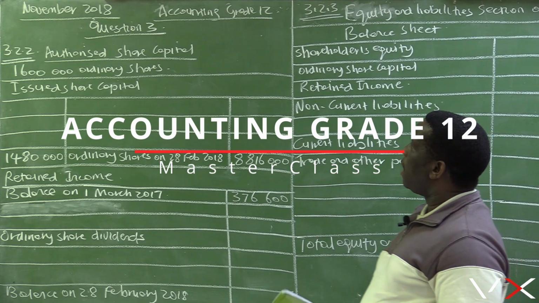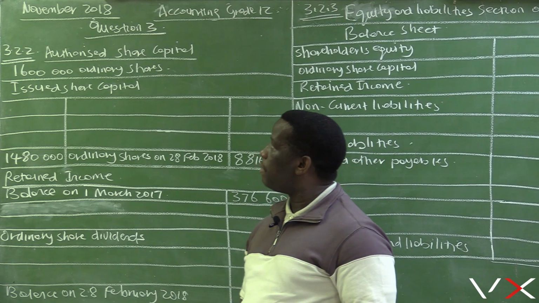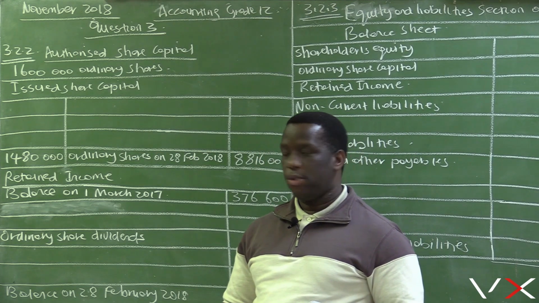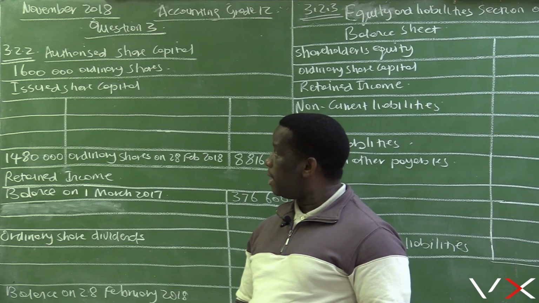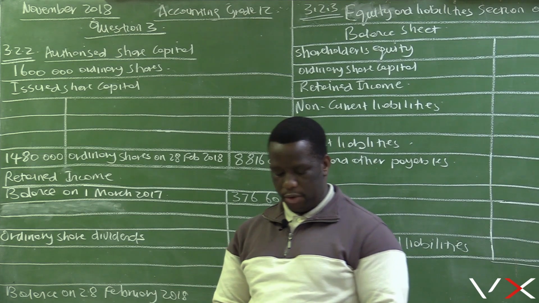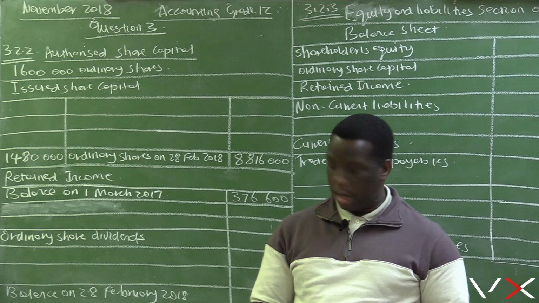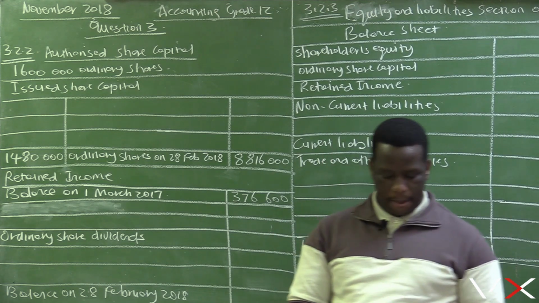We are doing accounting grade 12 and our focus is on November 2018, question 3. This is question 3.2.2. We have already done 3.1 and now we are doing 3.2.2.